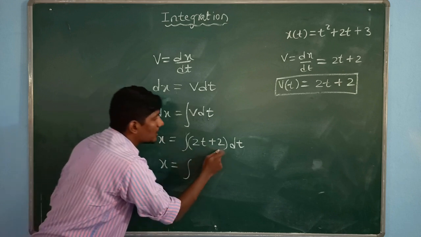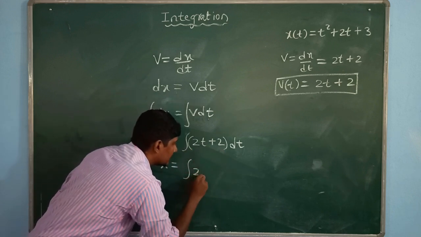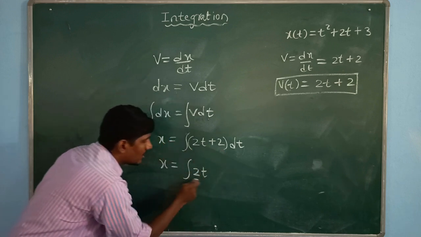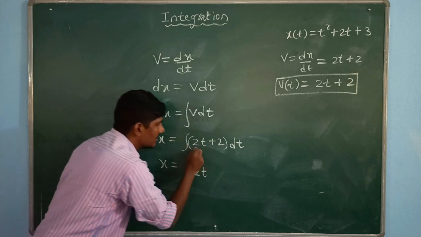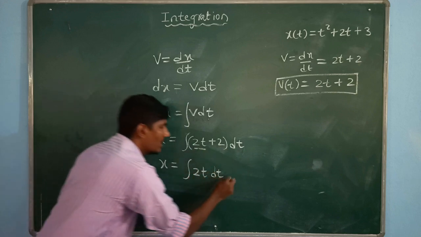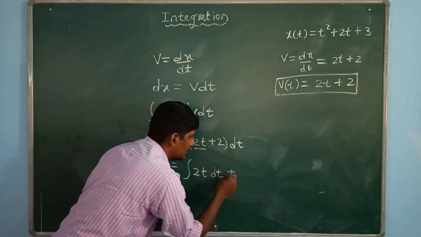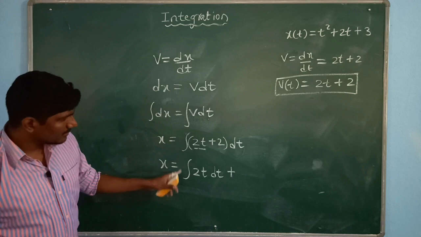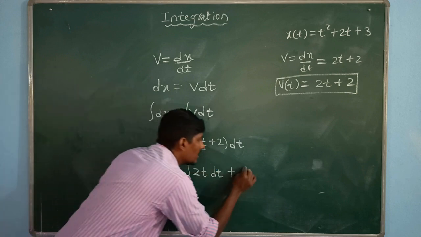Integration. Now there are two terms. Separately you can integrate like this. Integration of 2t, first term, okay? dt, multiply this inside. This is the way of integrating the term. Now integrate 2.